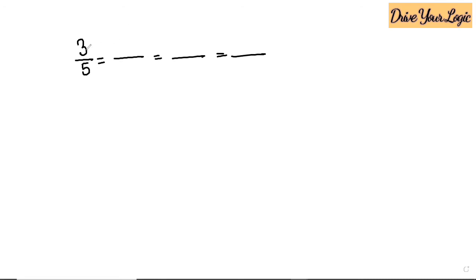So 3's table is how much? 3 into 1 is already given, so you can write 3 into 2, that is 6. 5 into 2, 10. 3 into 3, 9. 5 into 3, 15. 3 into 4, 12. 5 into 4, 20. So these all are equivalent. How equivalent?